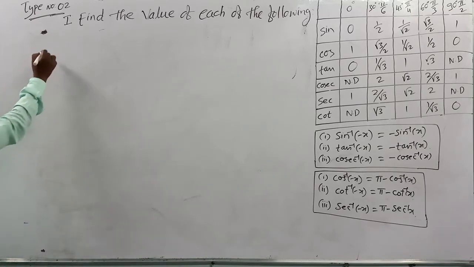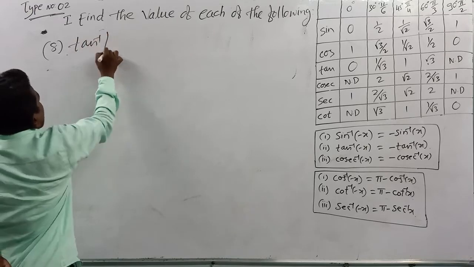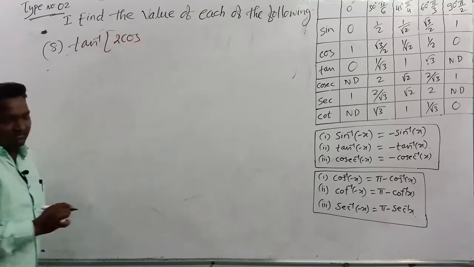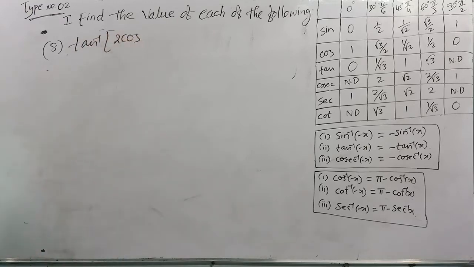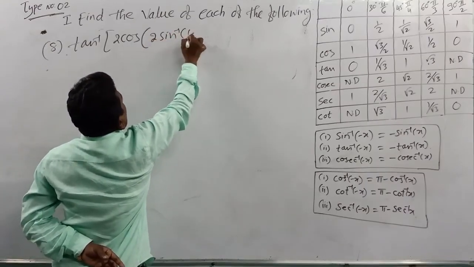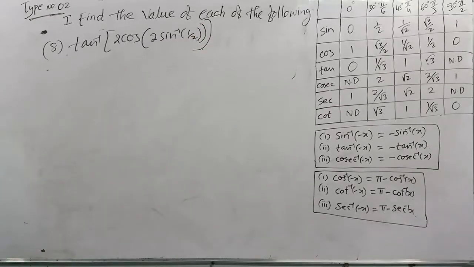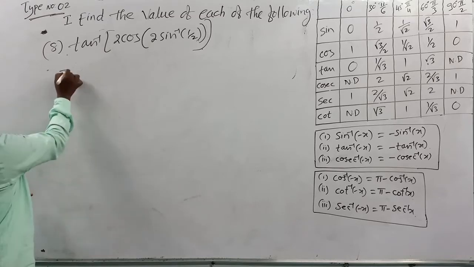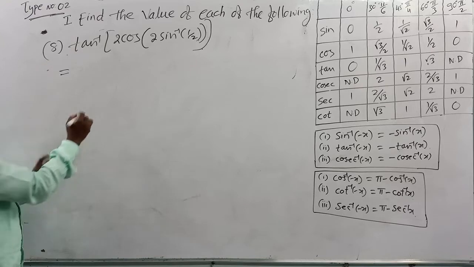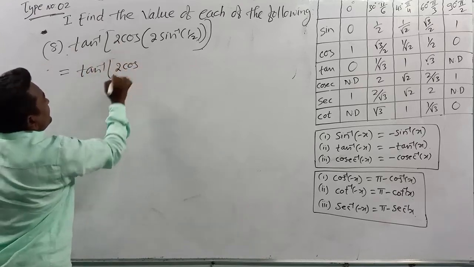Now the 8th one is tan inverse of 2 cos, and in the bracket 2 times sin inverse 1 by 2 is there. Now repeat the same procedure. Tan inverse outside keep as it is, and 2 times cos x also keep as it is.